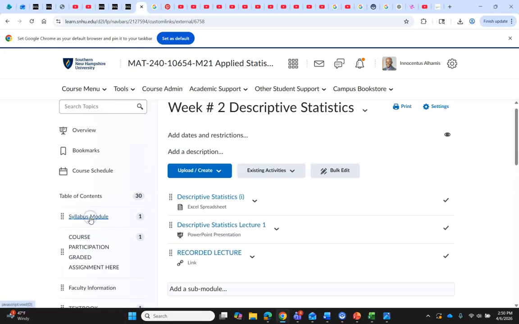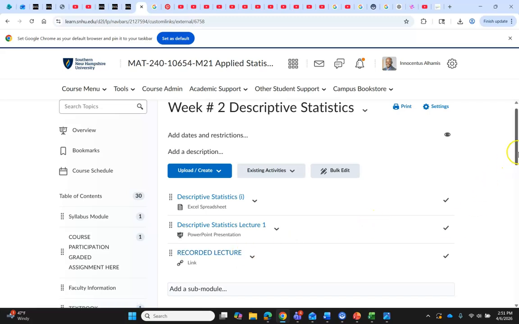In week 2, we started working with descriptive statistics, and we have a descriptive statistics lecture, the PowerPoint, and also a recorded lecture based on descriptive statistics 1, and the Excel file which is posted. What you're supposed to do is open this Excel file, follow what we discussed in class, and once you are done, you can submit it in week 2 if you were not in class that week.